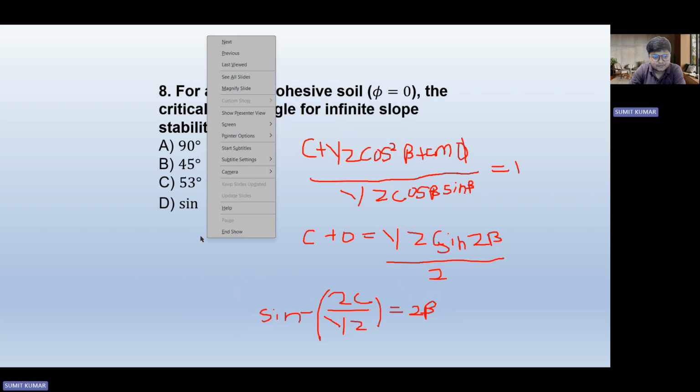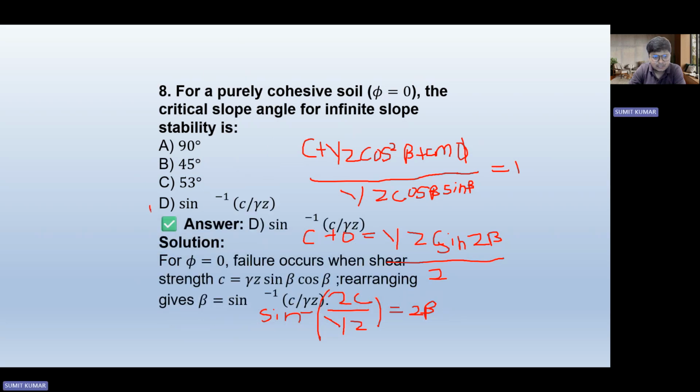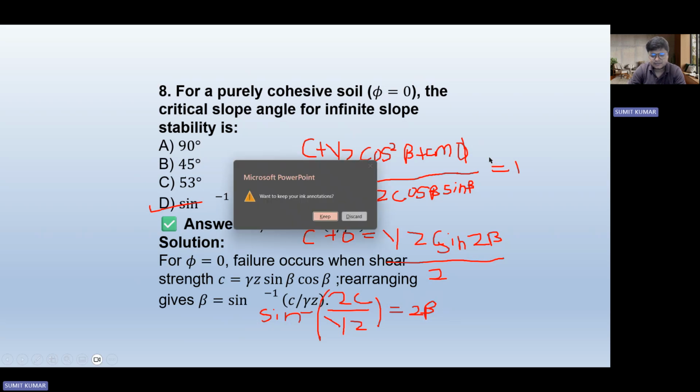This is going to be the correct answer, sine inverse c by gamma z, right? I did the calculation as well, and the elaboration is also mentioned.